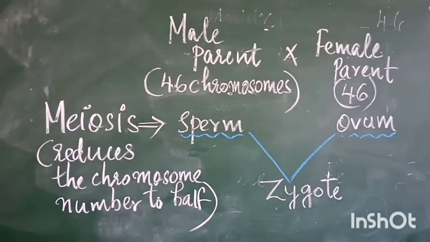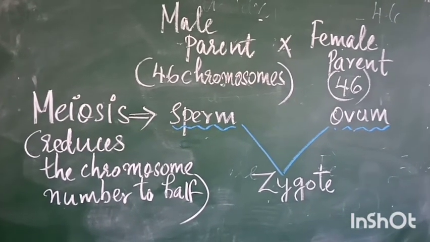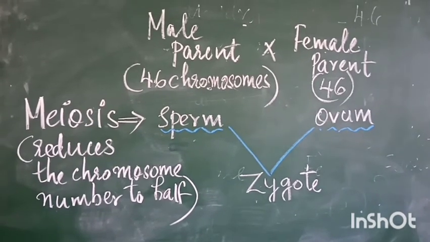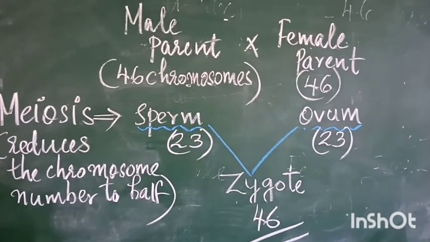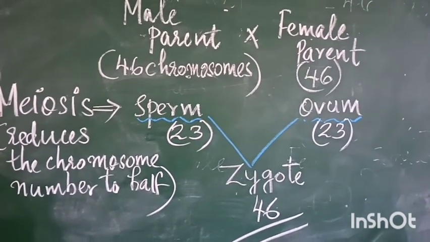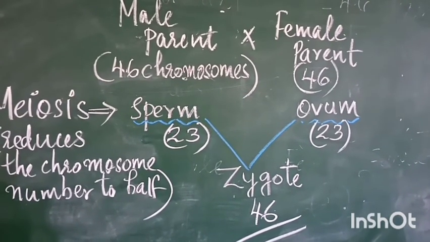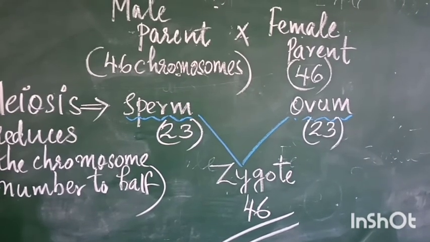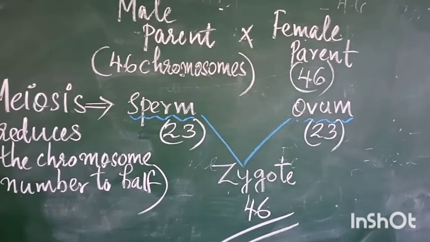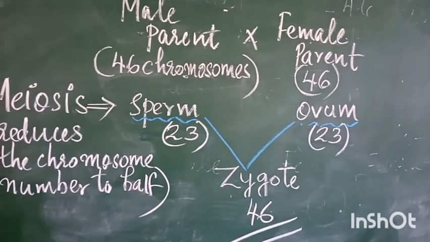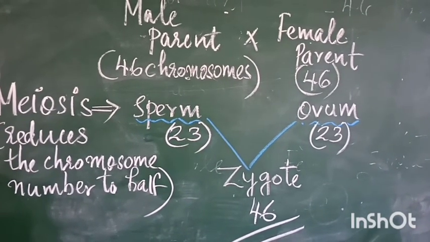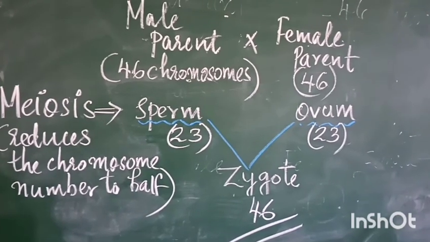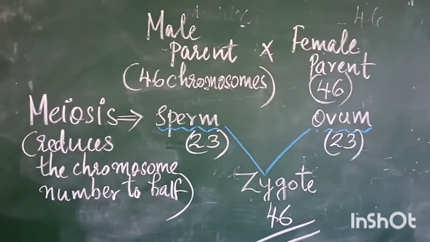That is, 23 chromosomes are present in sperm and 23 are present in ovum. So 23 chromosomes from the male parent and 23 chromosomes from the female parent are present in the zygote. So it forms 46 again. And hence the number of chromosomes is maintained generation after generation.